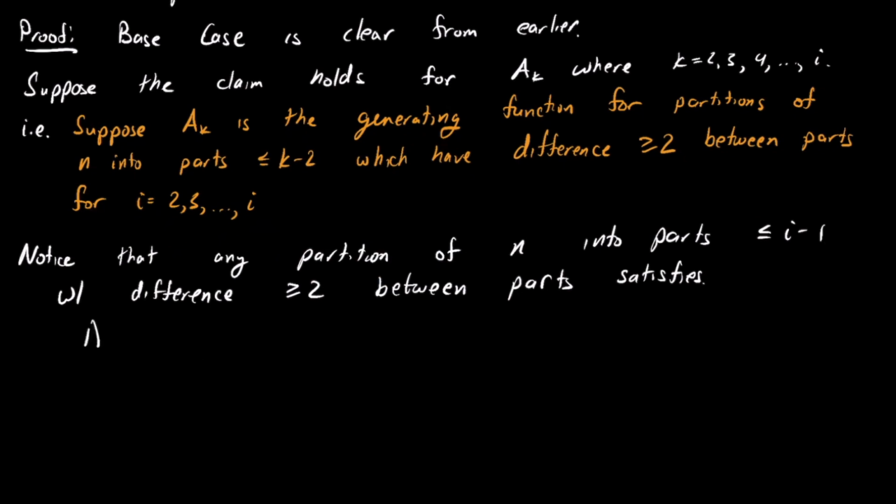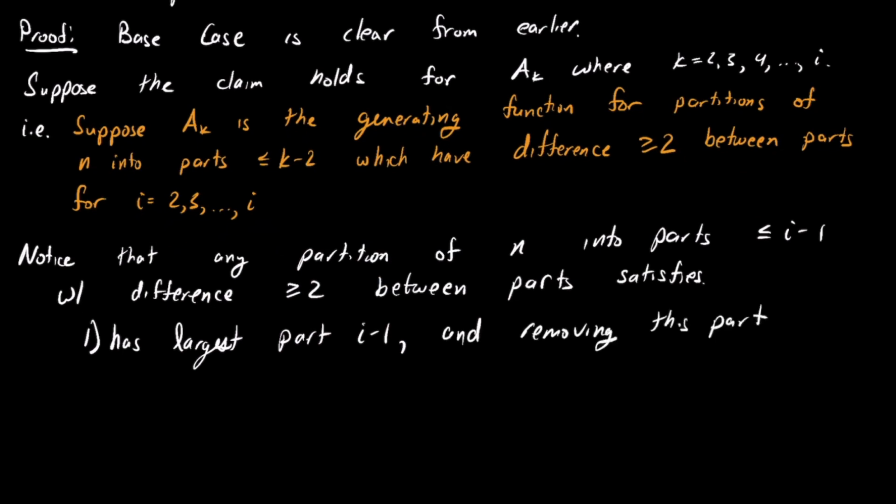So this partition has largest part I minus 1, and removing this part leaves a partition behind which is counted by a sub I minus 1.